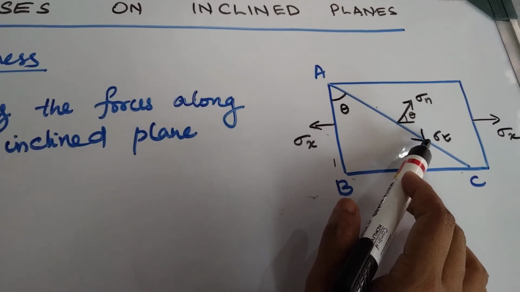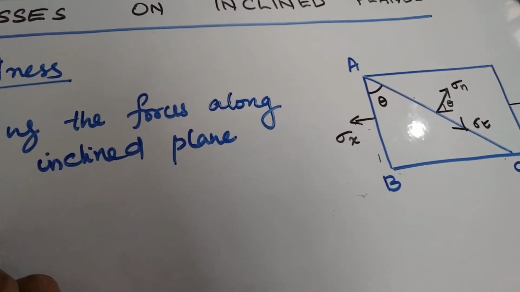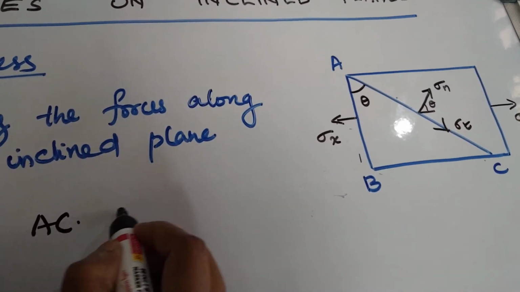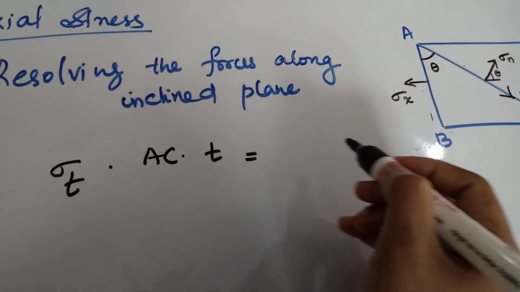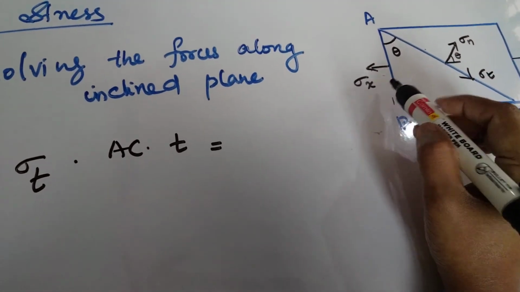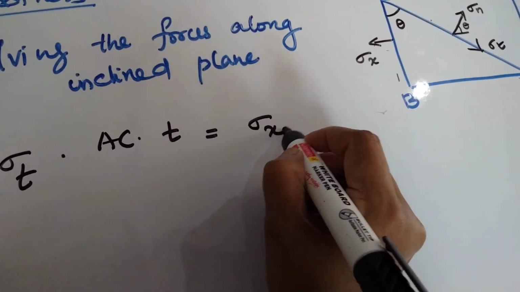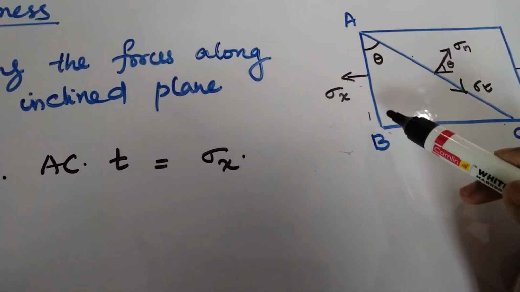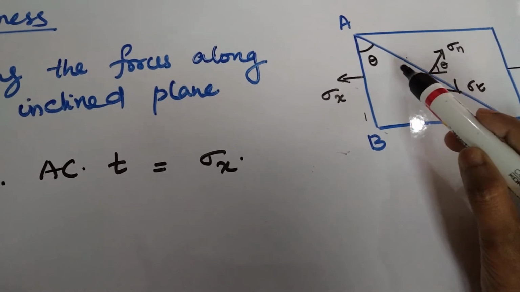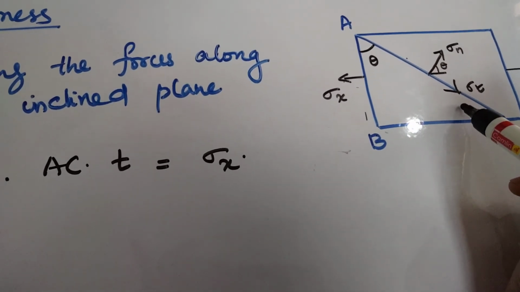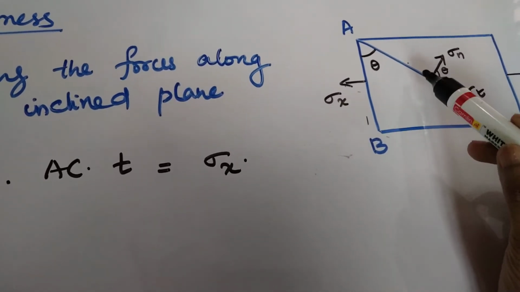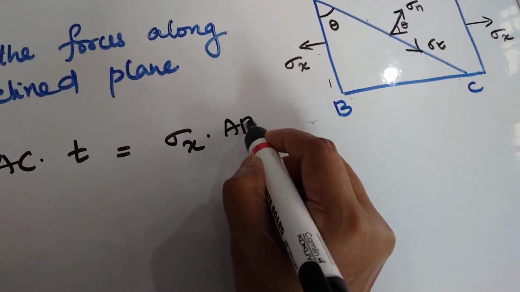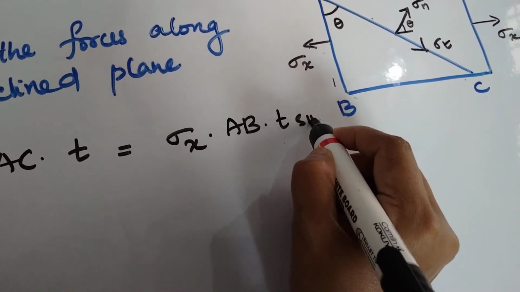There is sigma t into AC into thickness t, which is equal to sigma x into AB into t sin theta, because along the inclined plane it is the opposite side, whereas in the previous case we took cos theta.